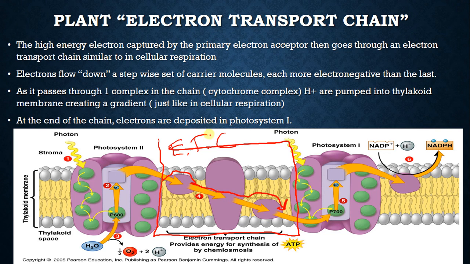In the middle, just like in the complexes in the cellular respiration electron transport chain, there is a cytochrome complex. This cytochrome complex pumps hydrogen ions against their concentration gradient into the inside of the thylakoid.